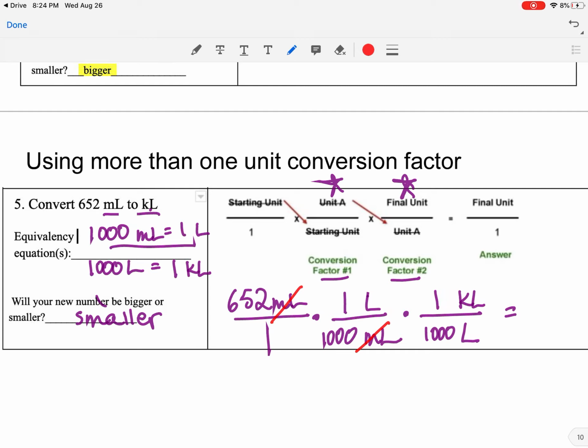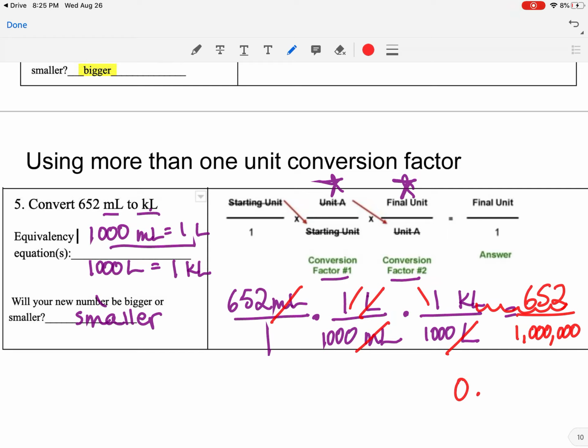Milliliters cancels, liters cancels. Then we get to multiply. 652 times 1 equals 652. 1,000 times 1,000 equals 1,000,000. We're going to divide, which is going to move our decimal place 6 places: 1, 2, 3, 4, 5, 6.